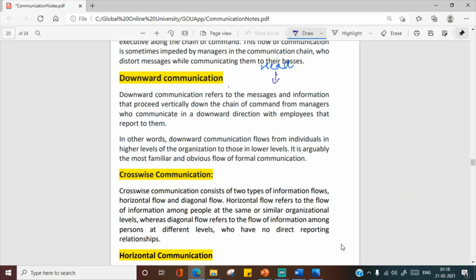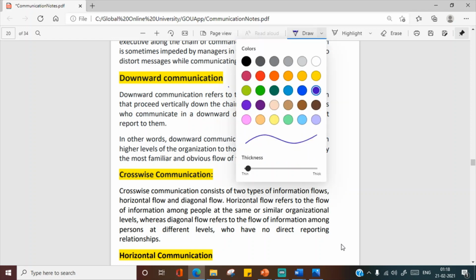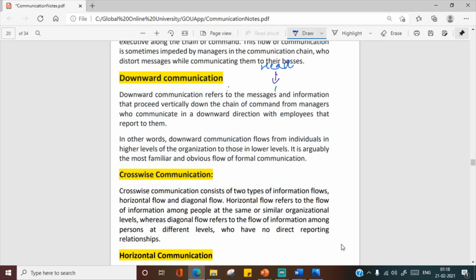So, the head is talking to the junior. Downward is when the senior is talking to the junior. Reverse is upward when the junior is talking to the senior. This is usually used when the senior wants to send some information or some directions to their junior, or if they want to command something, then downward communication is used.